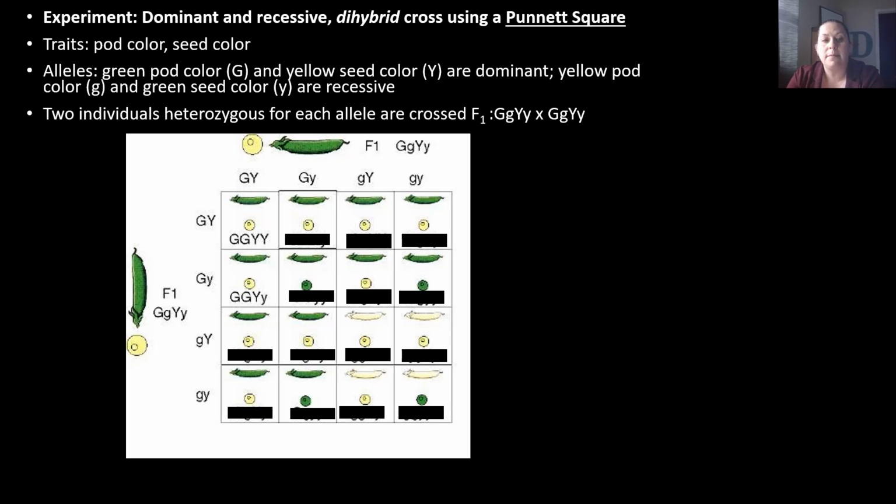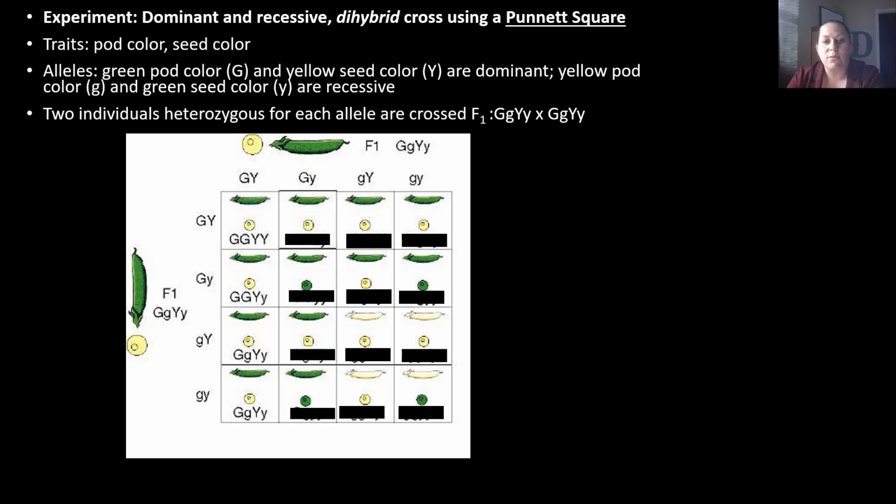The next one in the column is going to be big G, big G, big Y, little y. Again, still green, still yellow. The last one, big G, big G, big Y, little y, still green, still yellow. So this whole first column still looks all the same, even though genetically they look a little different.